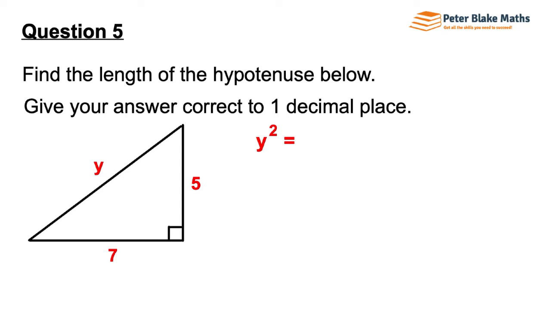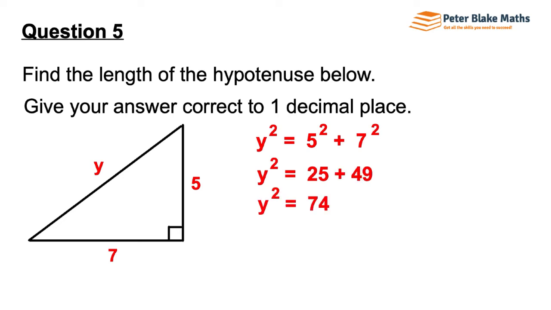So the square on the hypotenuse this time is y squared, and the sum of the squares on the other two sides gives us 5 squared plus 7 squared to complete our Pythagoras statement here. So y squared equals 5 squared, which is 25, plus 7 squared, or 7 times 7, which makes 49. Let's simplify that right-hand side and get y squared equals a total of 74.